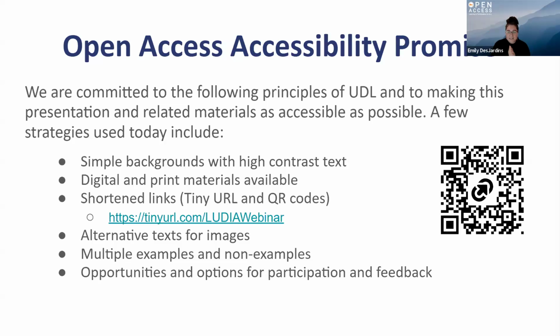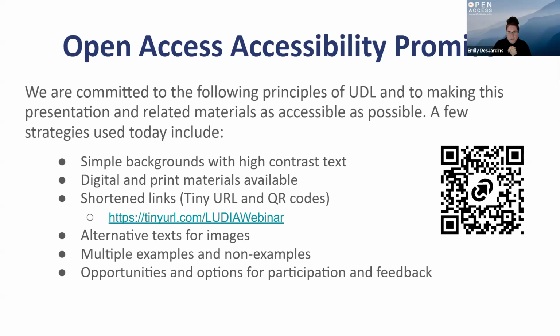At Open Access, we have this accessibility promise where we attempt to model UDL in action in all of our presentations and make sure that everything is as accessible as possible. Today you will see strategies like simple backgrounds with high contrast text. We try as much as we can to provide digital and print material.